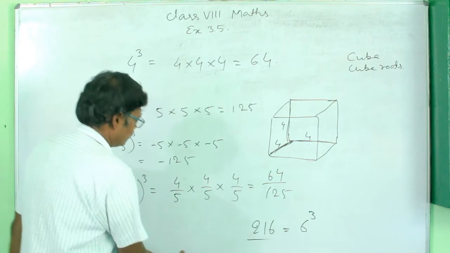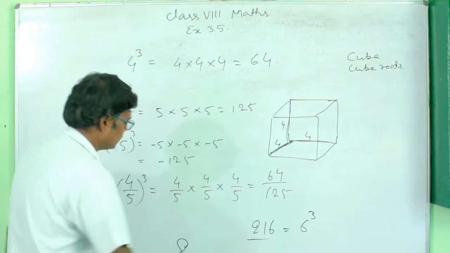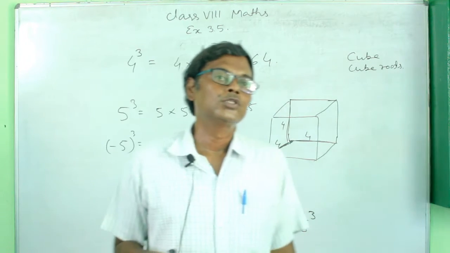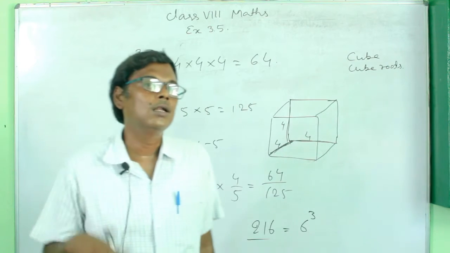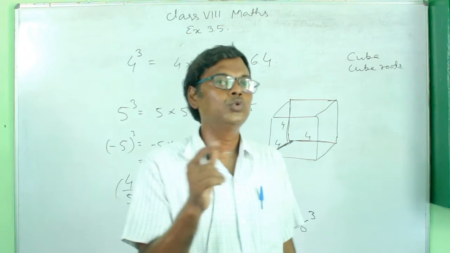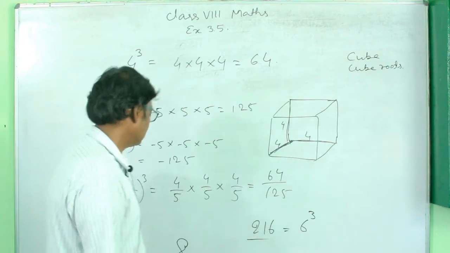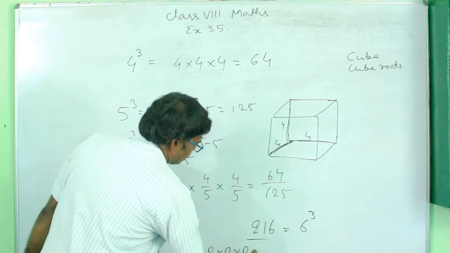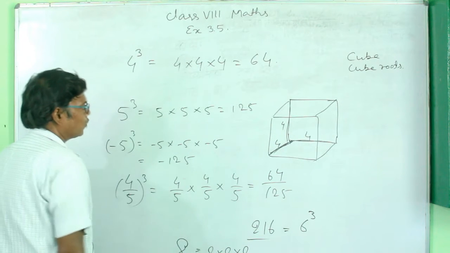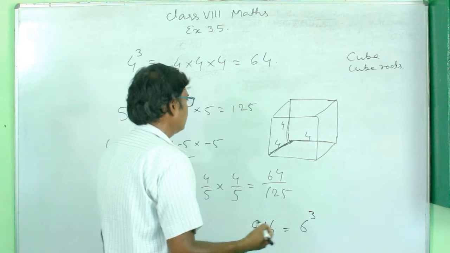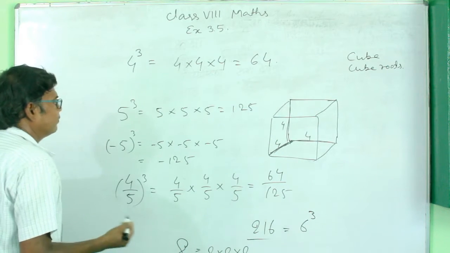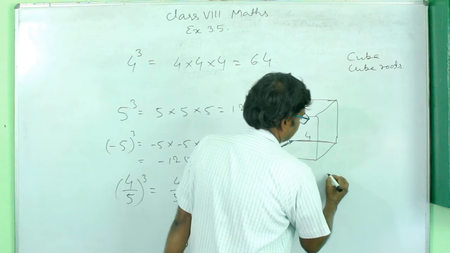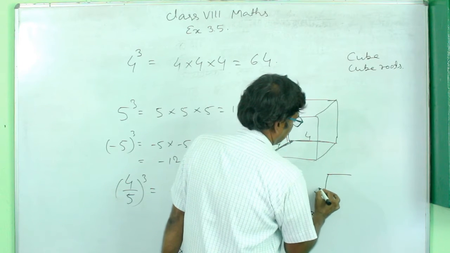For example, you can also take a simple number, 8. What is the cube root of 8? Here we will find a number whose cube is 8. You know that it is 2 into 2 into 2. So the cube root of 8 will be 2. And how do we write the cube root of any number? It is written like this. This is the symbol for cube root.